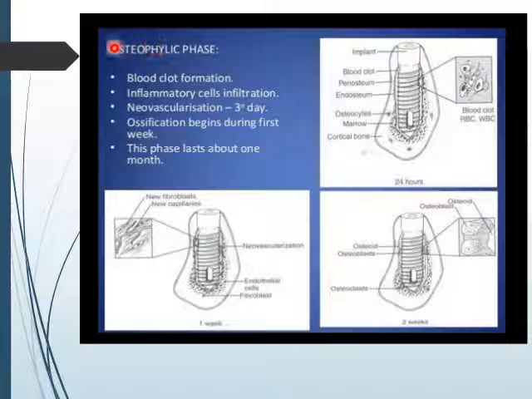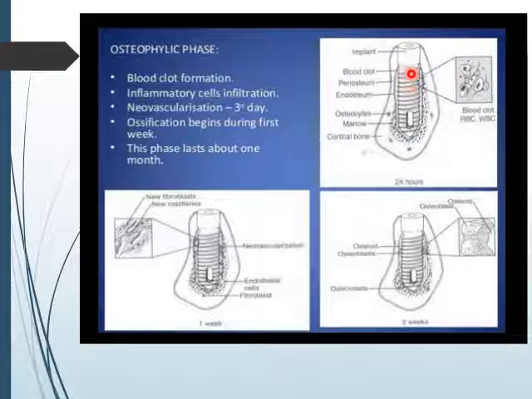The first phase, which is the osteophilic phase. Blood clot formation, as we said before. Then inflammatory cell infiltration into this clot. A new vascularization within 3 days. And then ossification begins during the first week after implantation. This phase lasts about 1 month.